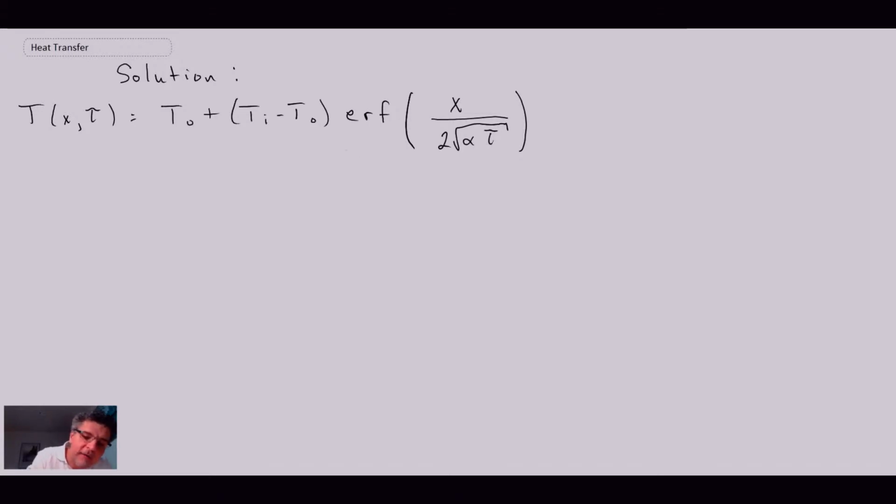We have an error function, and inside of it is our similarity variable, the eta that we referred to. We've brought the 4 outside of the square root, and that's why it's 2 square root alpha tau. You're going to see that in all the solutions we look at in this segment. And the other thing that can be calculated with that is the heat flux at any x location in the solid.